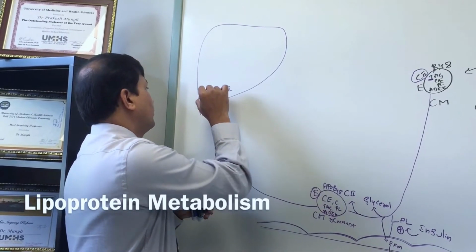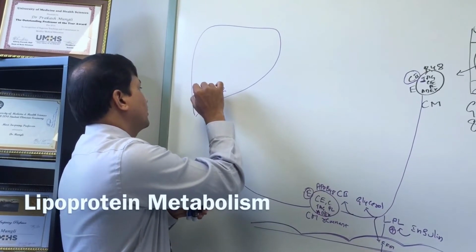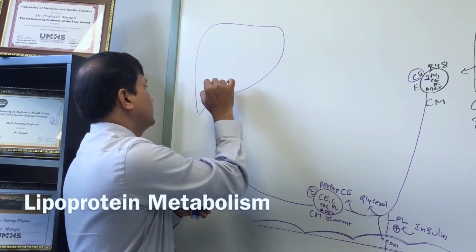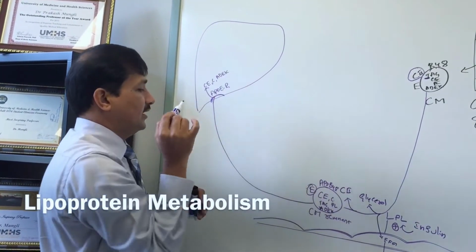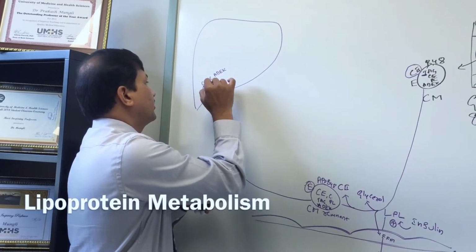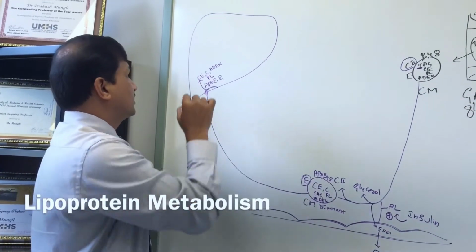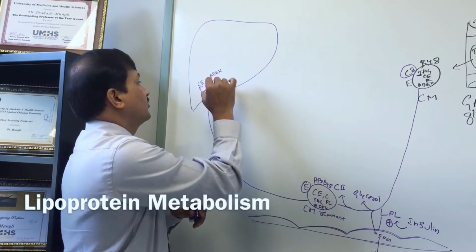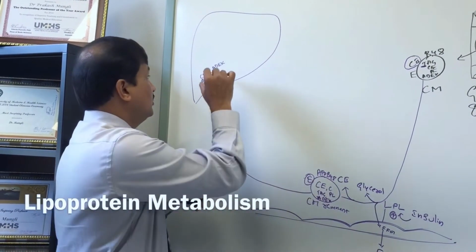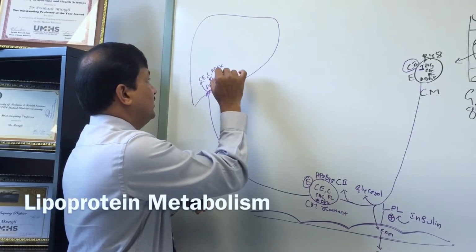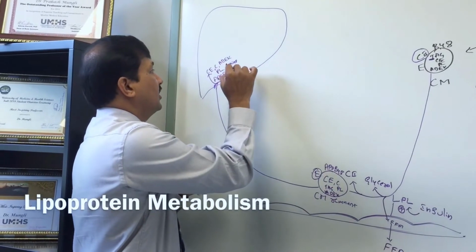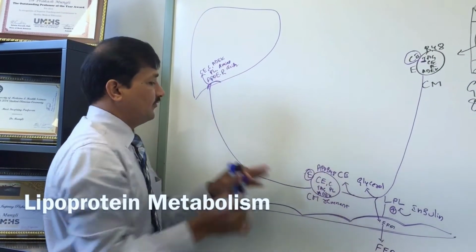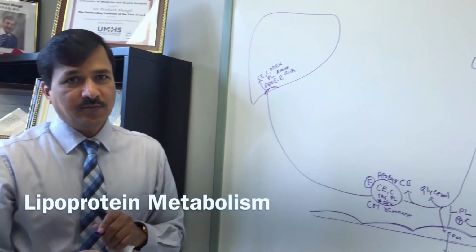It is going to offload all the content: cholesterol, cholesterol ester, vitamins A, D, E, K, and some amount of phospholipid, whatever is there in the chylomicron remnant. Of course, the protein, ApoB48 and ApoE, is degraded into amino acids. That's the fate of chylomicron remnants.